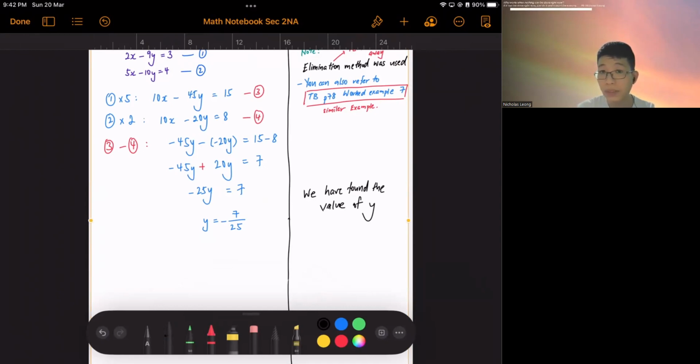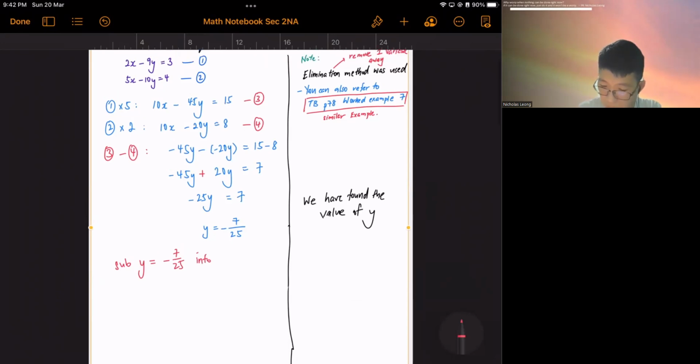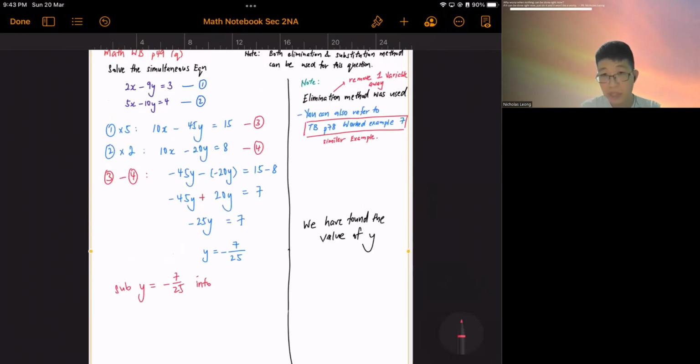Then we need to move on to find the value of x. How do we find it? The next step, we substitute y equals negative 7 over 25 into any of the equations, because any equation will always give you the same value of x.